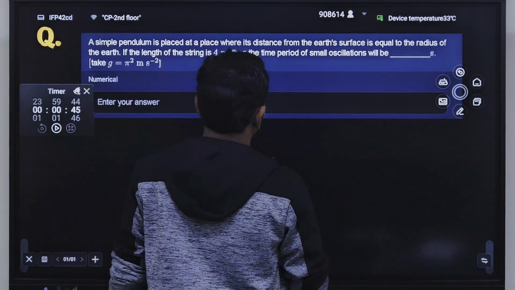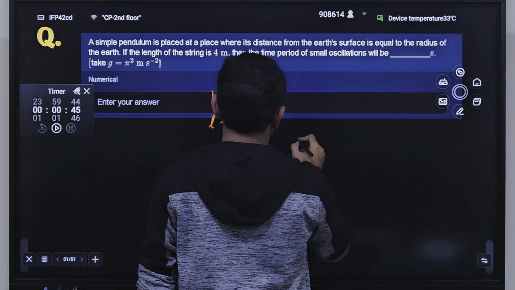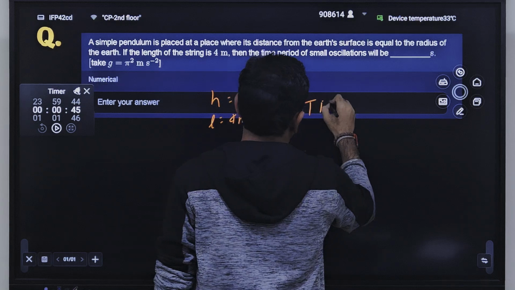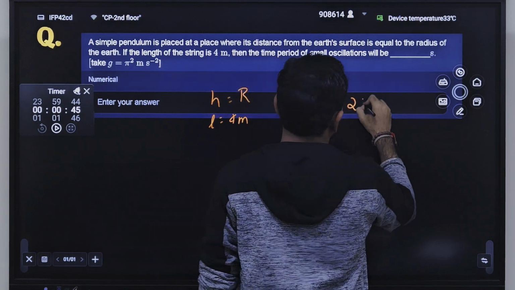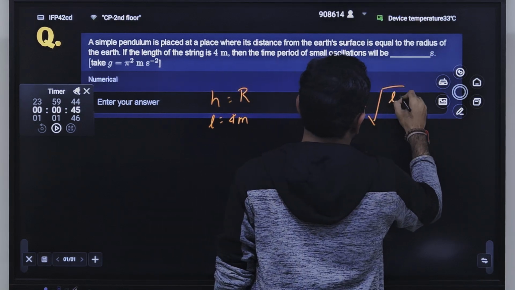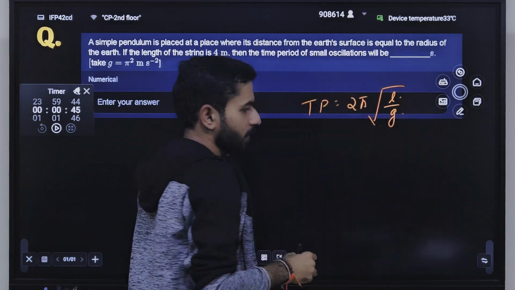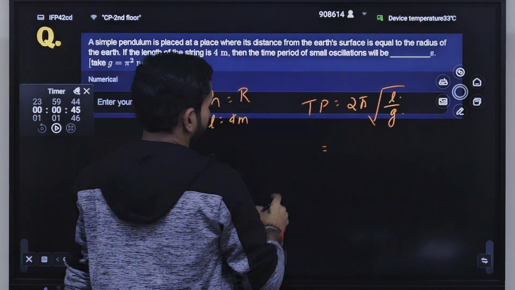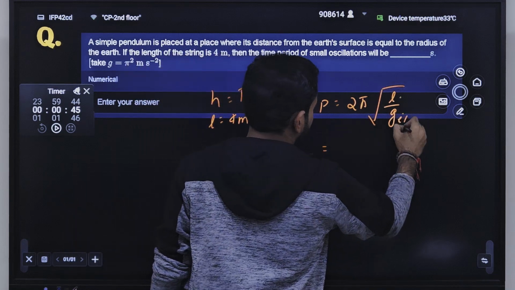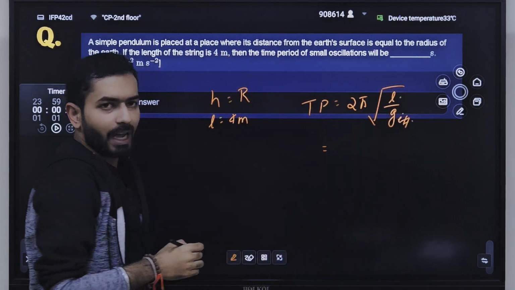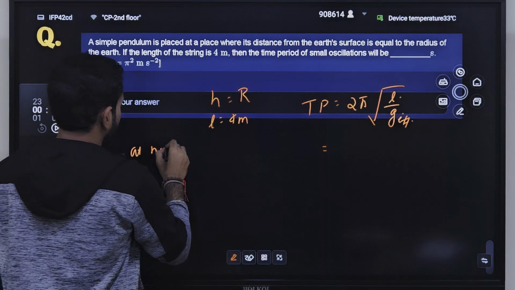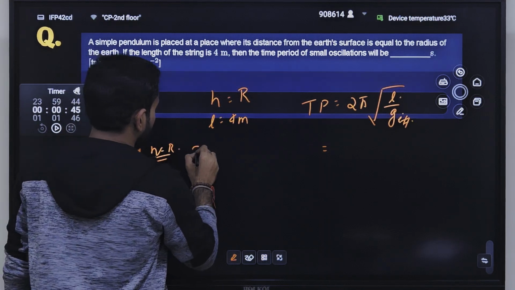Fine. So what can you say about the time period of small oscillations? You can easily write it as 2 pi root under L by G. Correct? And it is G effective actually. So at the Earth you will have the value G, but when you are going to height equal to R, what is the value of G?